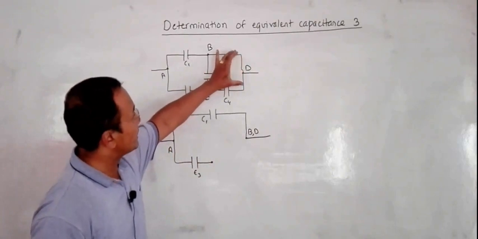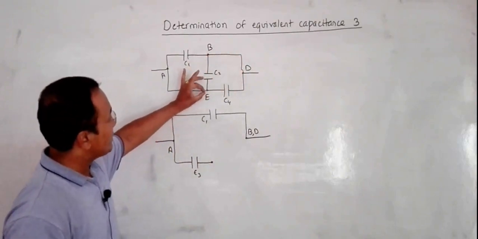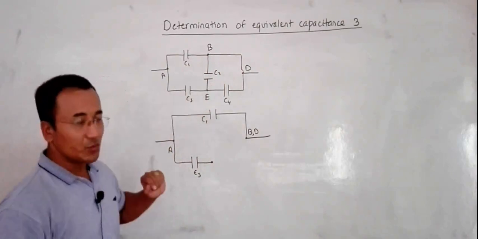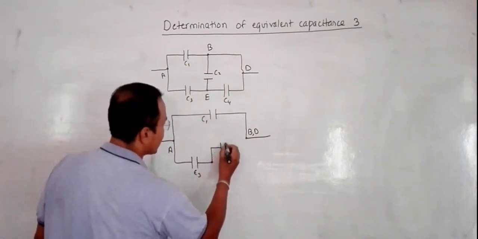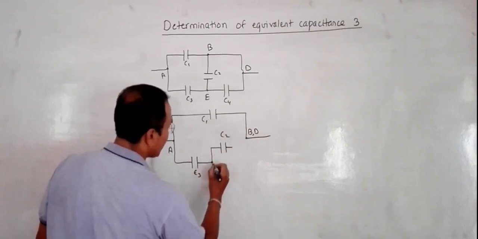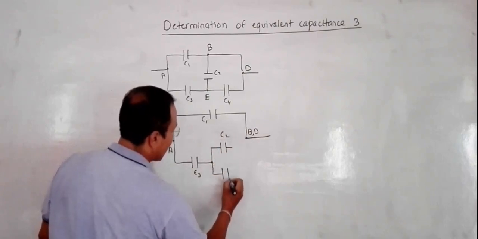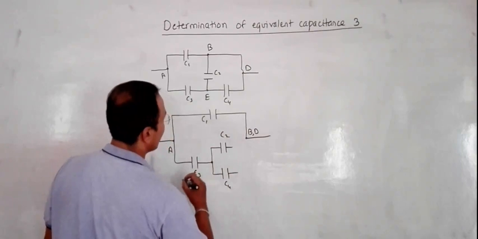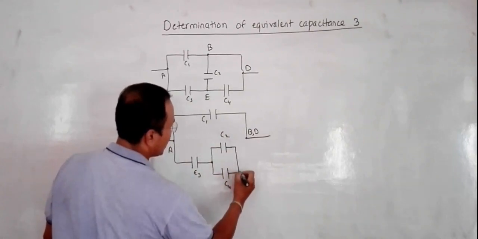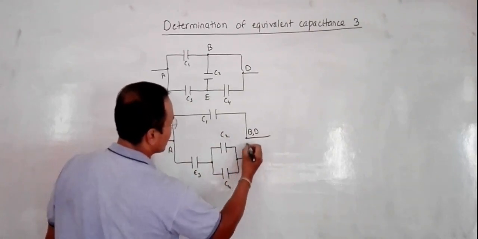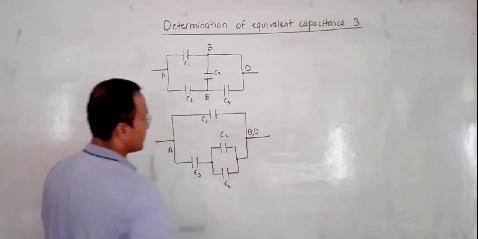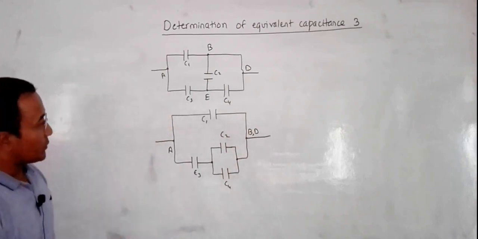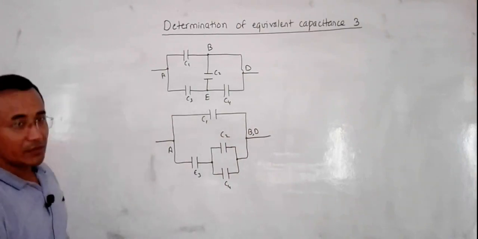If I see from this side, it diverges to the meeting point of C4 and C2. So from E, this goes as C2, and this goes as C4. They meet at a common point, and this common point goes to BD. So I can consider this point also as BD. So this is the proper arrangement of this circuit.